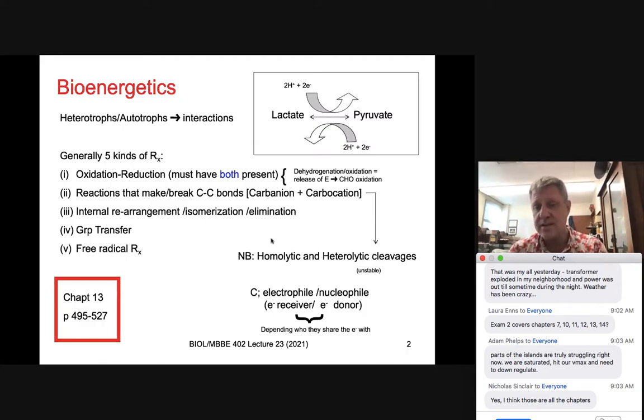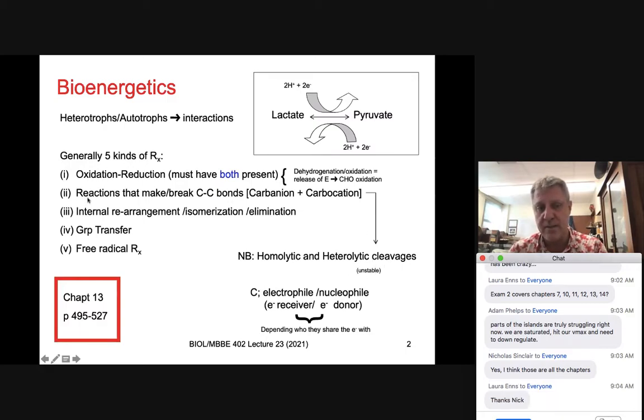Now, we might see both homolytic and heterolytic cleavages occurring in these particular molecules, which provide a level of instability. But we also see this in the same reaction system when we look at reactions that make and break bonds, in regards to whether we are going through anabolic or catabolic metabolism, where we're basically making and breaking bonds to make things smaller through the world of Gibbs free energy and entropy.